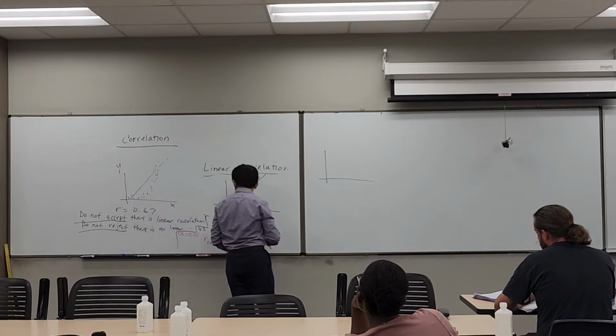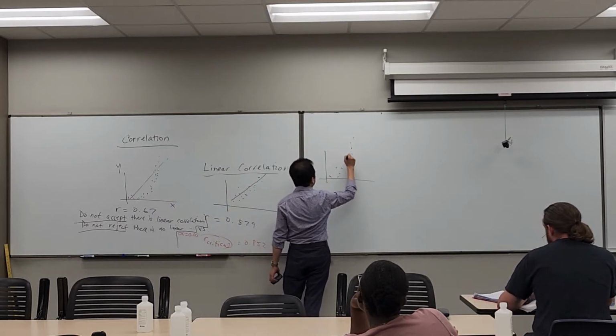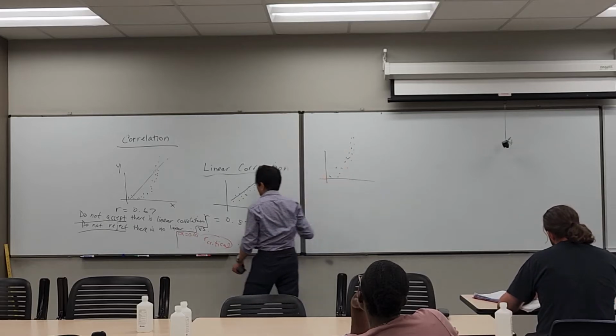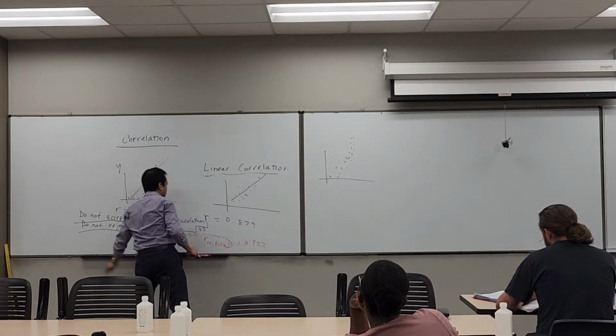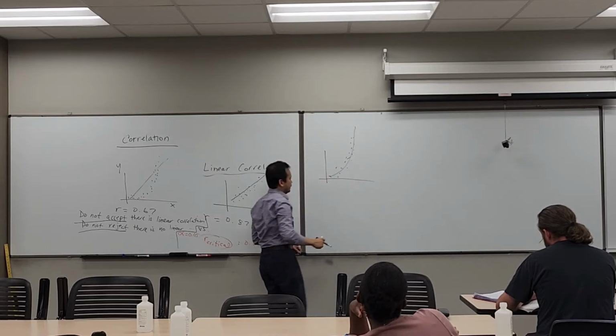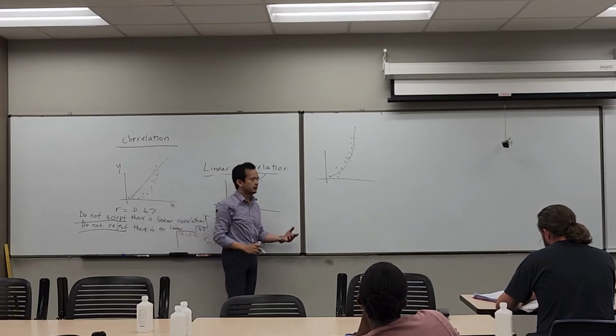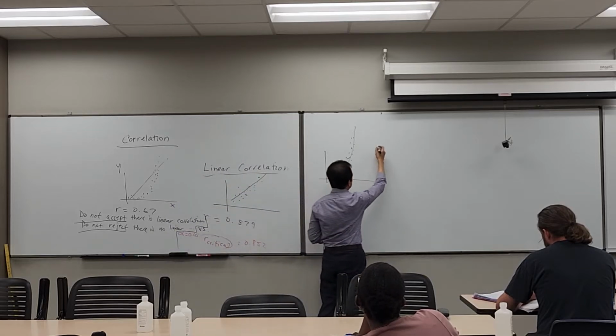So, for example, if you had something like this, you can fit a better curve onto that, like this. And this curve actually, if you remember from algebra, happens to be exponential. So this is an exponential curve.